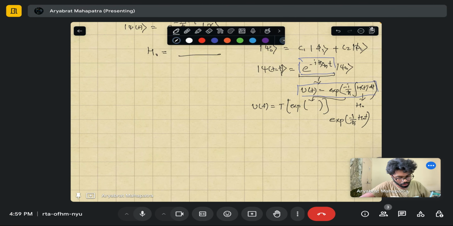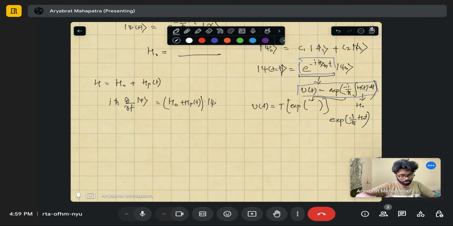So let me write: we have H is H naught plus some time dependent part. H naught is the time independent part. If I write the Schrodinger equation, then I have i h bar del psi by del t equals H naught plus HP, psi.